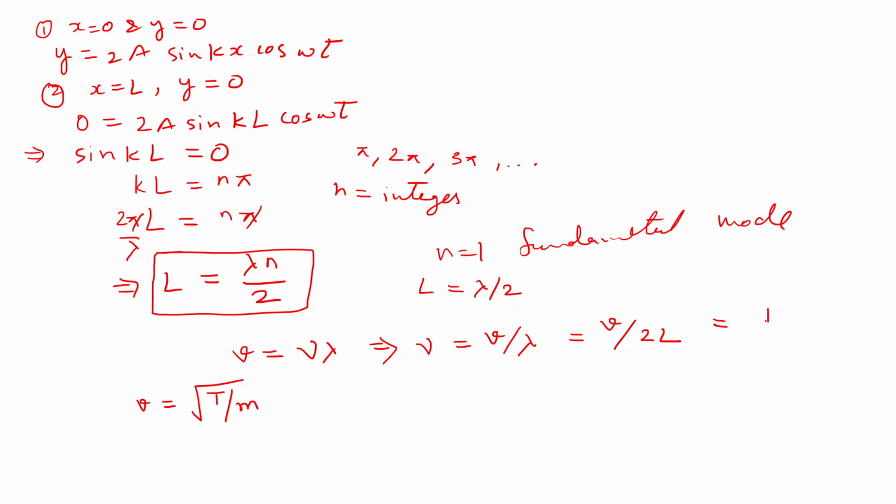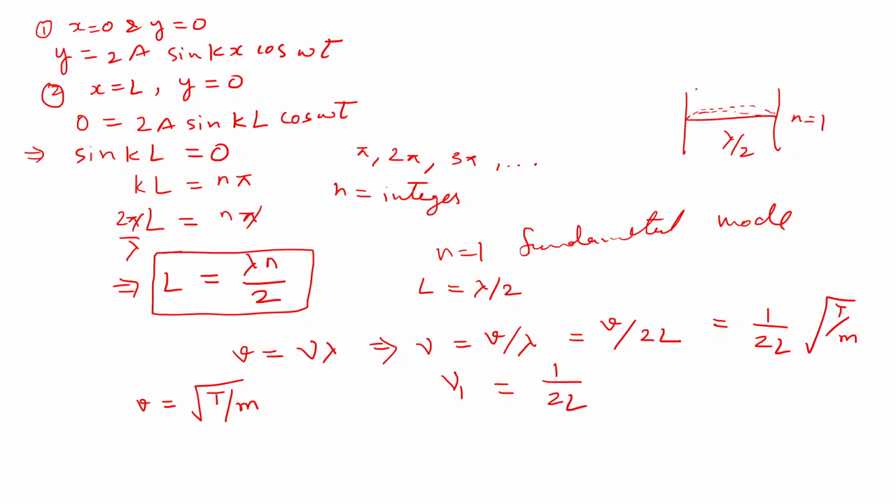Putting that value here, I'll get 1 over 2L under root T by M. I'm denoting this as f1 because it's the fundamental mode.